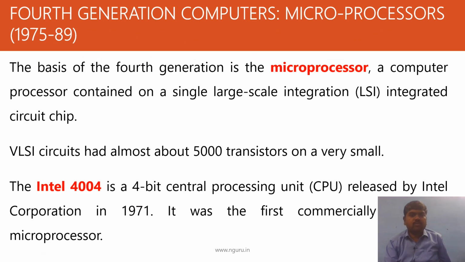Again, when it comes to the fourth generation computer, the most important thing is that microprocessors have come into the picture. We are using microprocessors even today. From the period 1975 to 89, and you can say till date, we are still using the microprocessor.